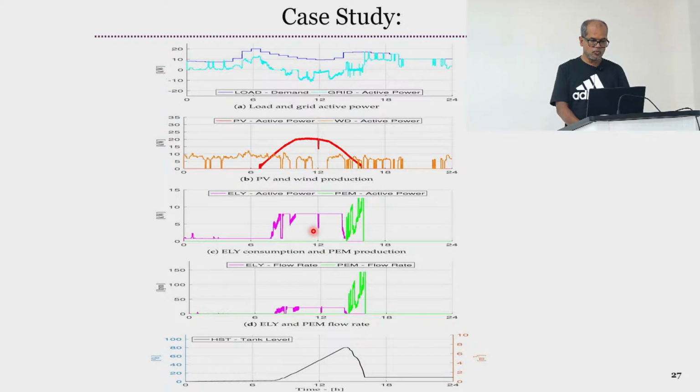Based on that, at what time your electrolyzer is consuming the input power, or when your fuel cell is producing the electric power. Because in those cases, we need to have the energy balance, and depending on that, how that storage tank also has the storage capacity as well.